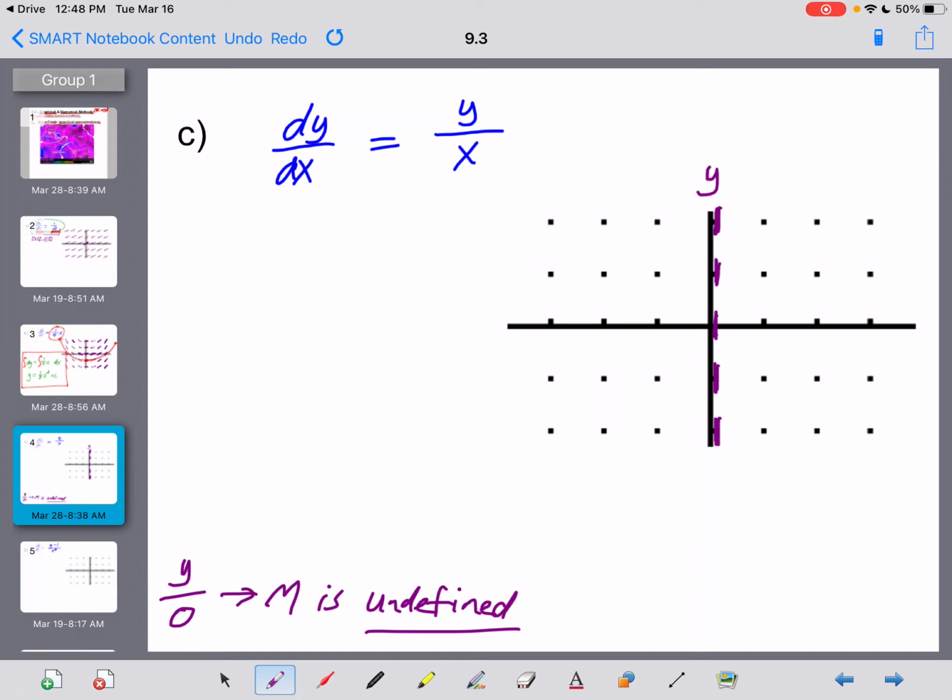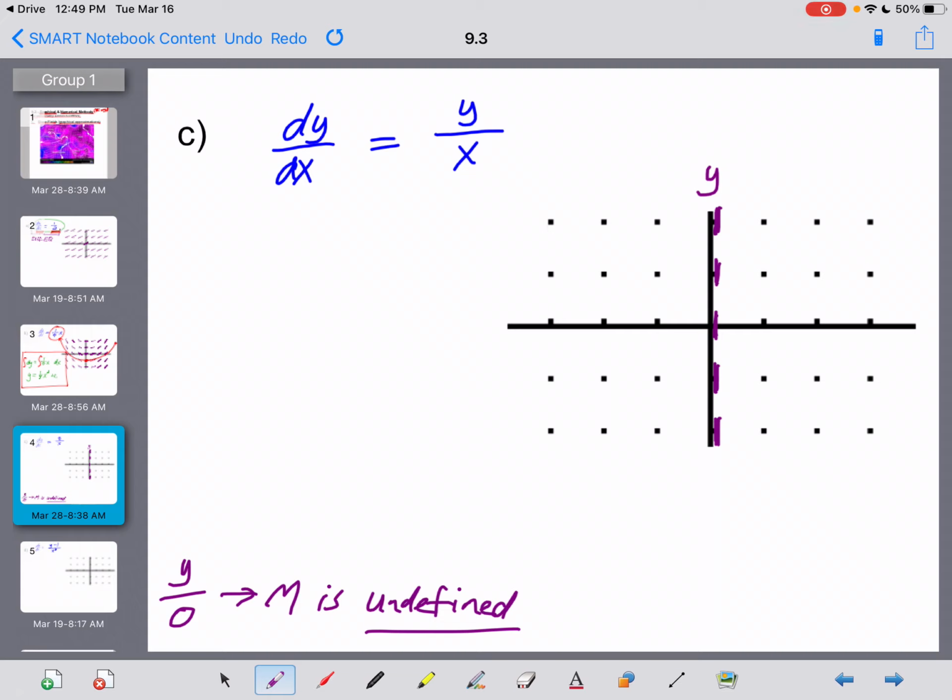All right, so the first thing you should look for in a case like this is where is the denominator equal to 0, and you draw vertical line segments there. Follow-up question. The second thing you should look for with division, other than dividing by 0, is if your numerator is equal to 0. And if the numerator is equal to 0, 0 divided by any number other than 0 is equal to 0.